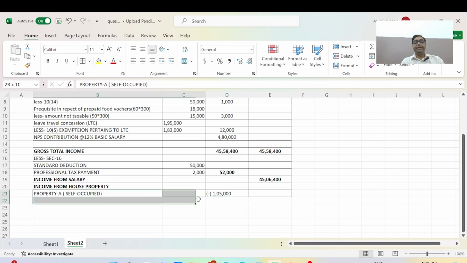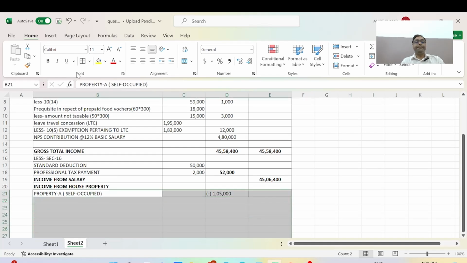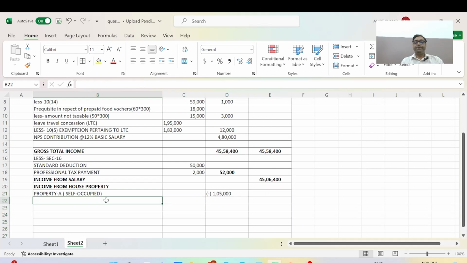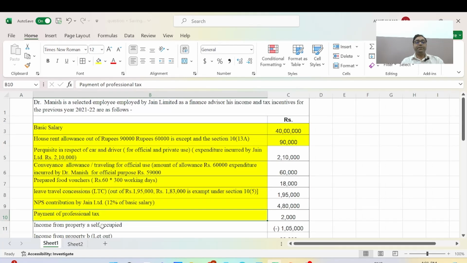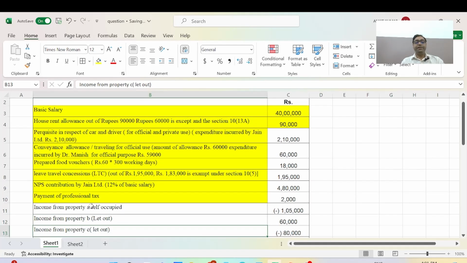Next, property B is let out. It is 60,000 rupees as given in the question.